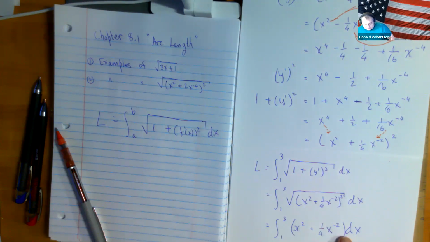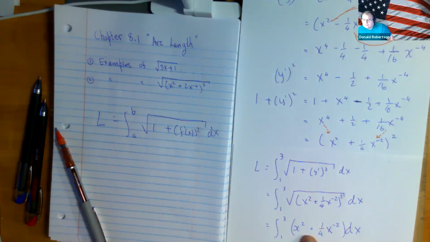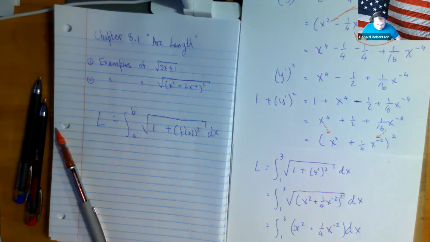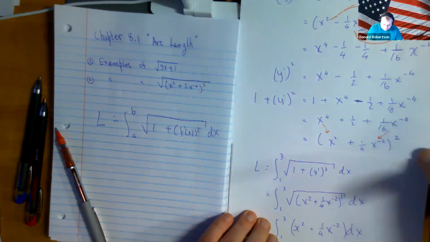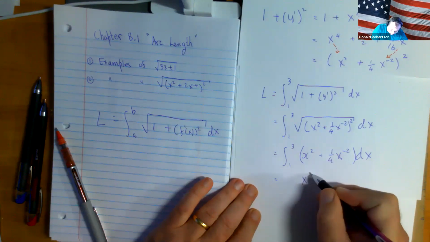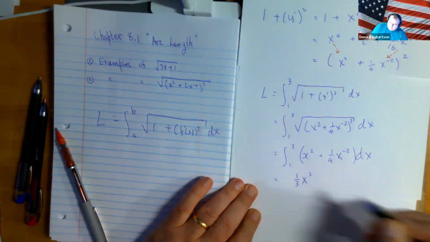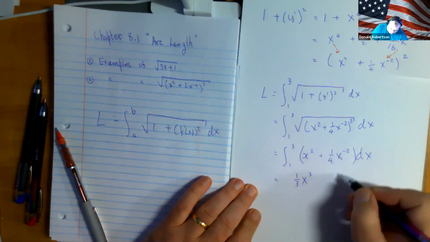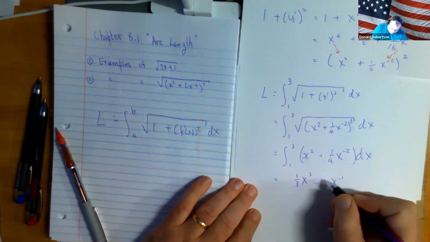Do you recognize this integral is just going to be the power rule? Right, nothing too weird. So add 1 to the power, divide by the new power. Add 1 to the power, divide by the new power.